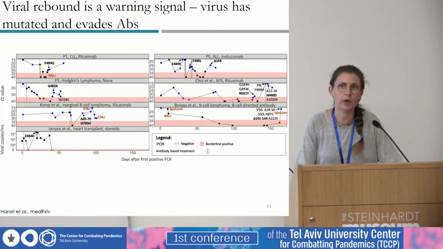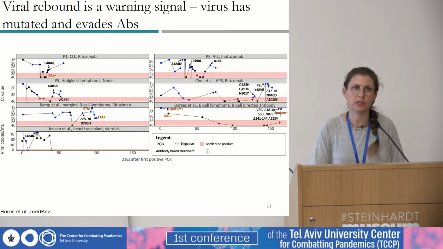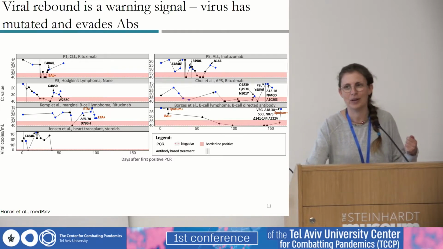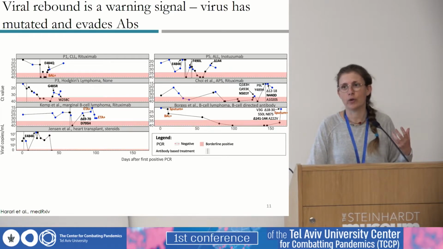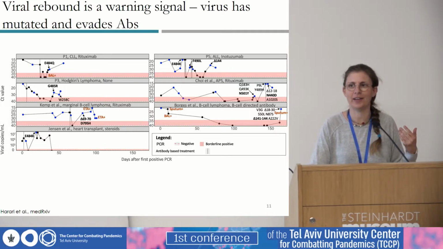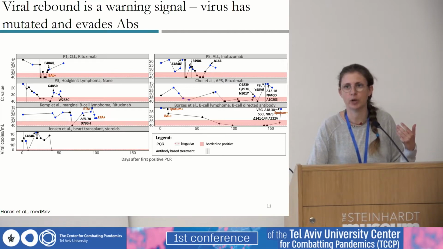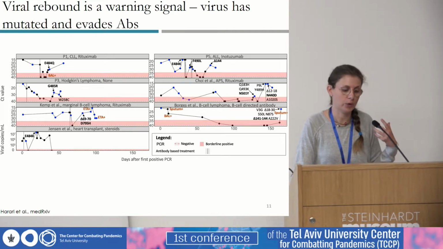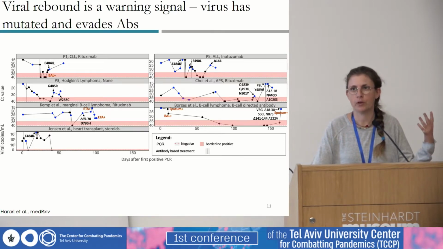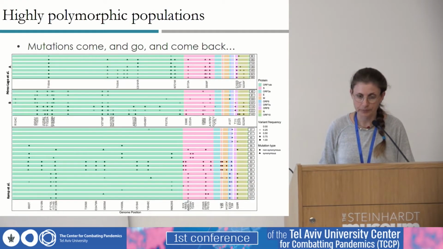And so this really means that we have to be very, very cautious with these patients, because it means that when we're releasing them, the body might not have cleared the virus, and when they return, they're returning with something which is already the beginning of a new variant. Okay, so antibody evasion is one of the features that is really common to almost all the variants of concern that we know of today.